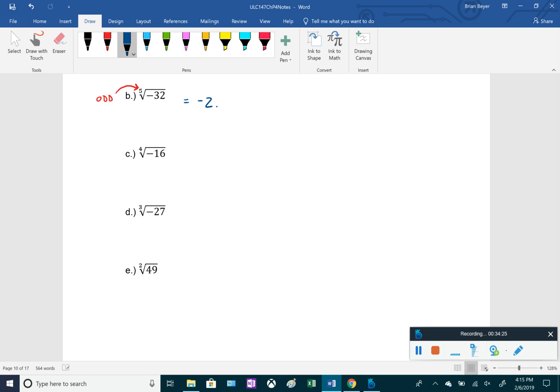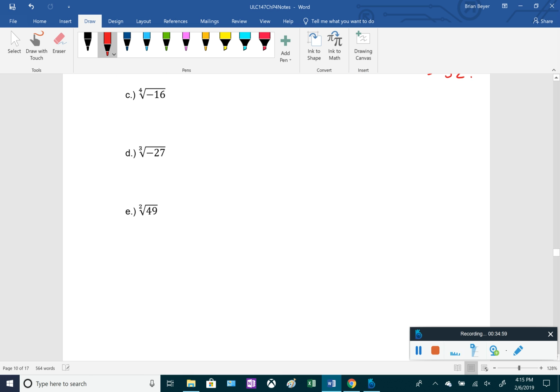So the fifth root of negative 32 is negative 2. Let's see why over here. Negative 2 to the fifth equals negative 32. If we multiply it by itself 5 times, we would end up getting 5 negatives, which would give us a negative, and then multiplying the 2s together, we get 32. So that's why we can take the root when it is an odd root.